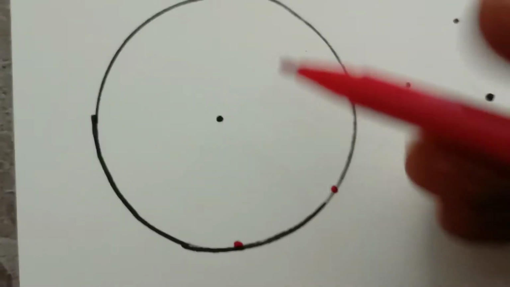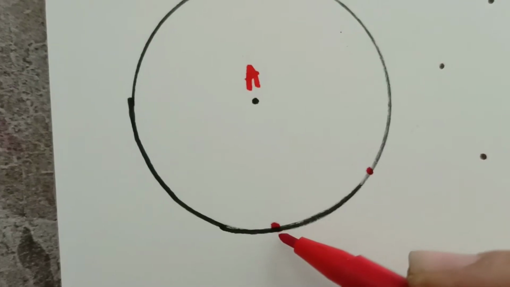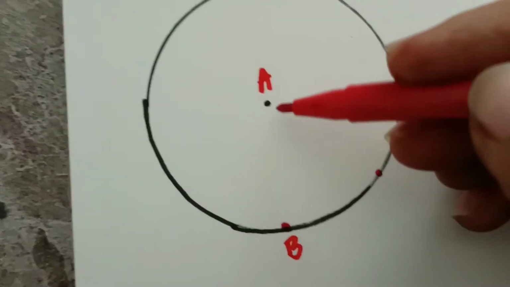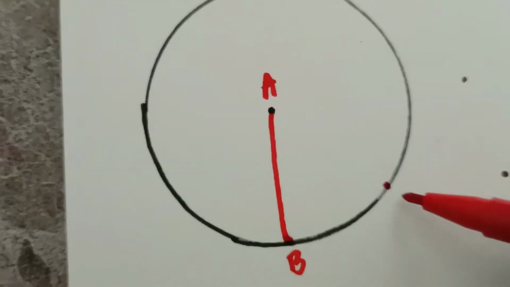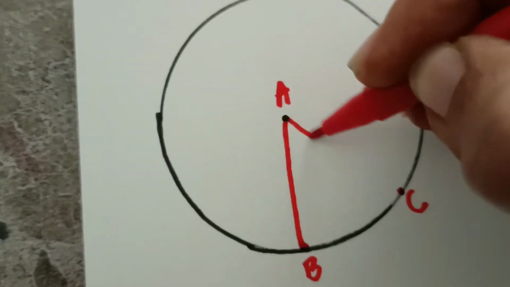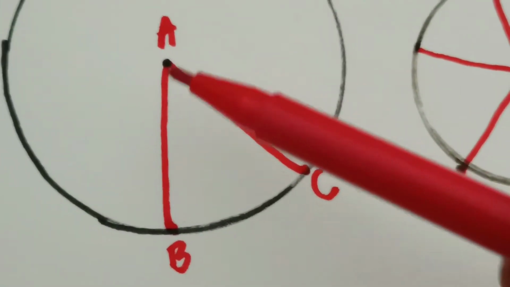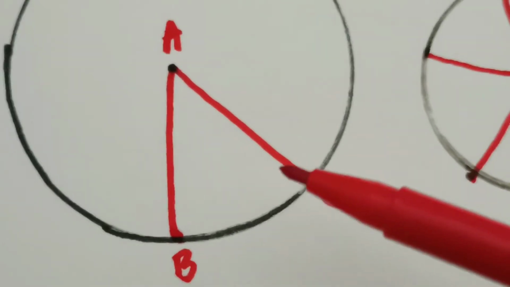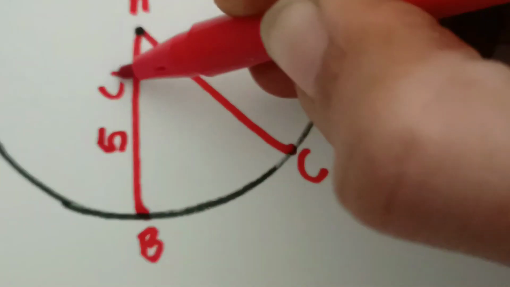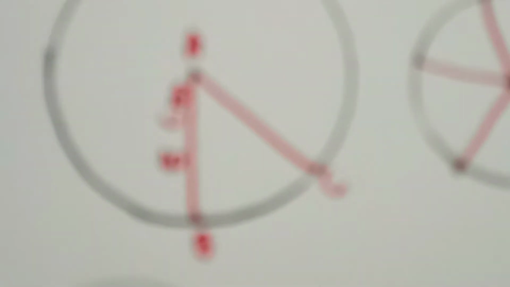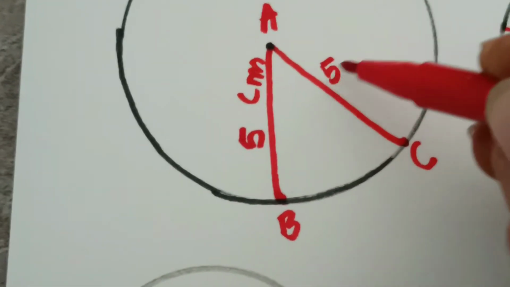Say I name the center as A, and a point on the boundary as B, and another point as C. The distance of these two segments, segment AB and segment AC, will be the same. If segment AB is equal to 5 centimeters, segment AC will also be equal to 5 centimeters.